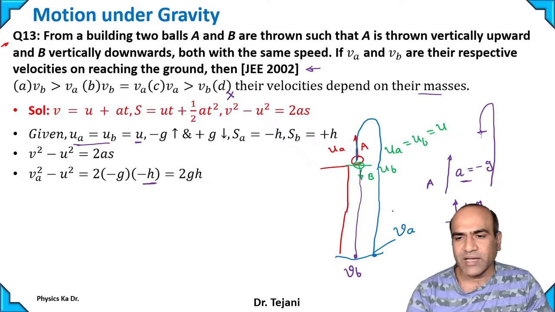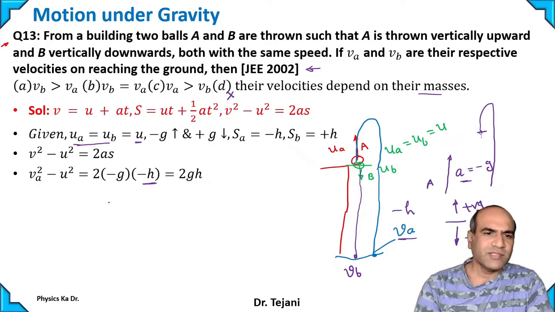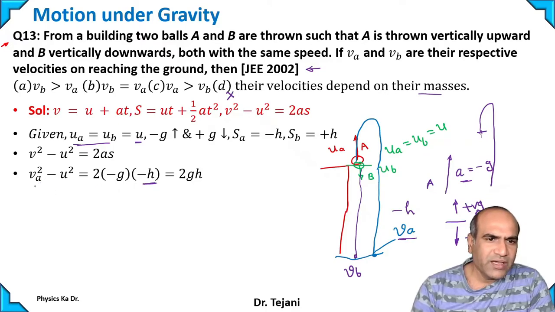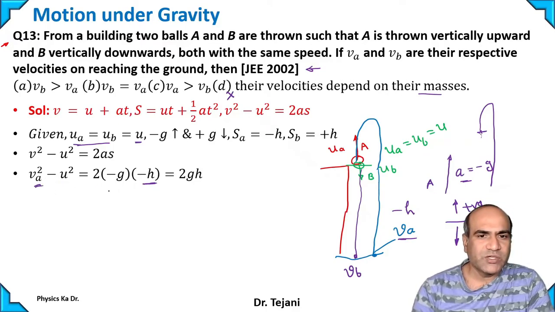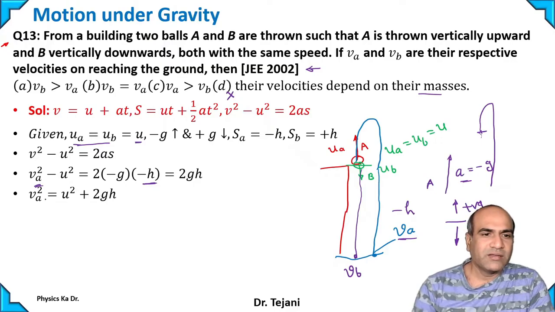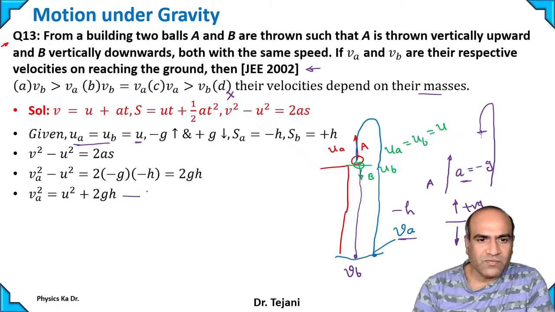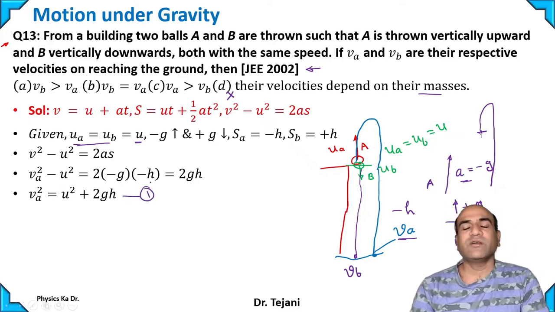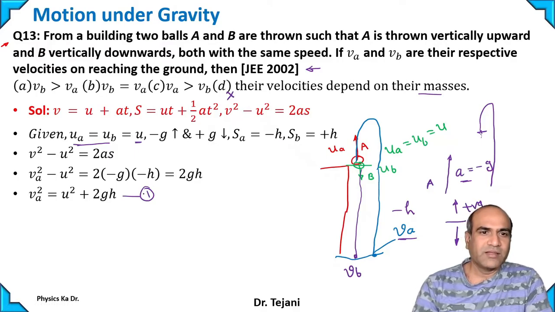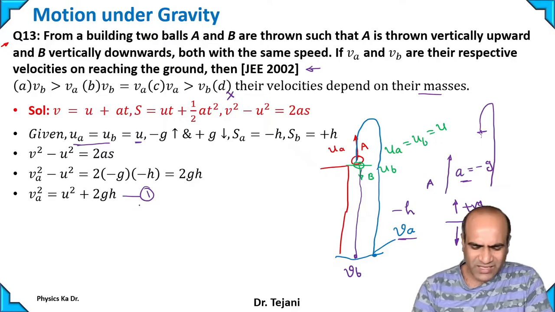Therefore, you have to consider minus h for VA. So VA square minus U square is equal to minus 2gh, and then VA square is equal to U square minus 2gh. This is for the first ball, right? So we got the velocity of the first ball. V square we can keep as it is.